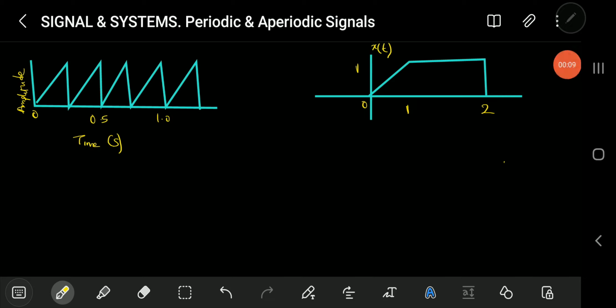Alright, so now let's talk about the periodic signal. From the definition, you might need to take this down. A signal x of t is said to be periodic with period T if it exhibits periodicity.